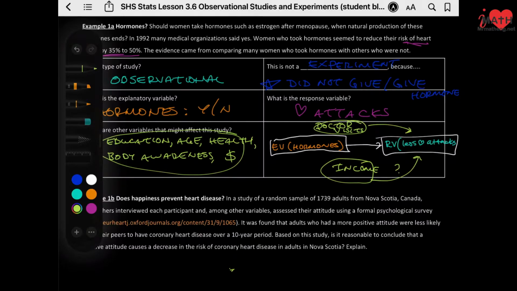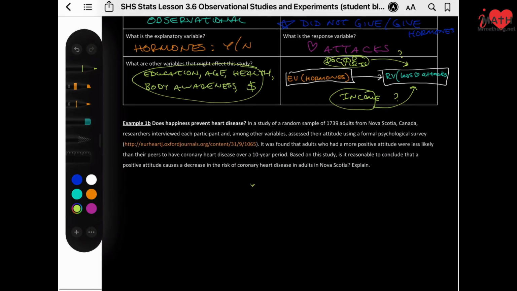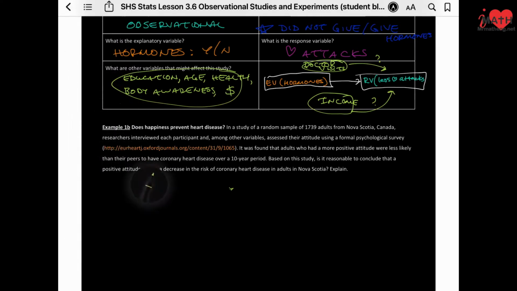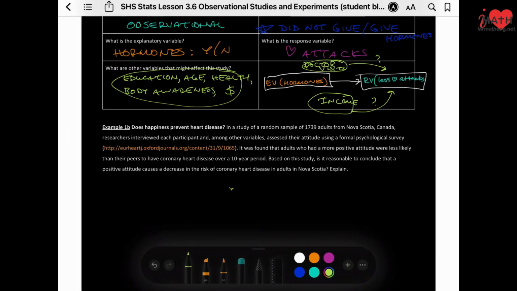We're not sure if that decreases the person's chances of getting a heart attack. That's why it's confounding, or kind of confusing, okay? All right, why don't you go ahead and press pause and complete example 1B, and then I'll show you guys my answer.